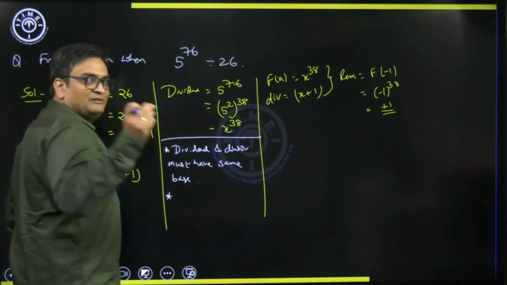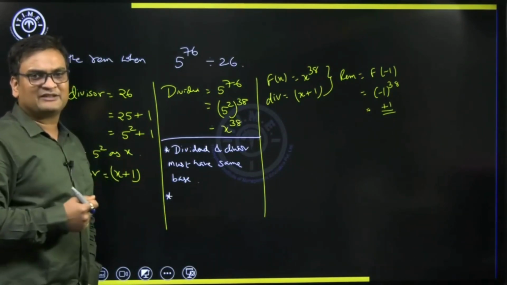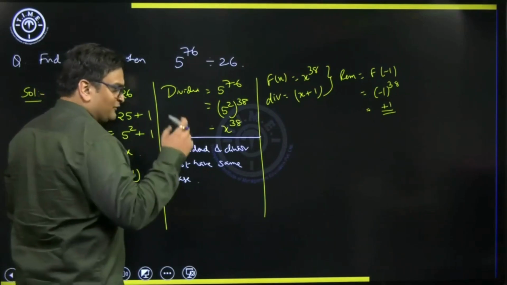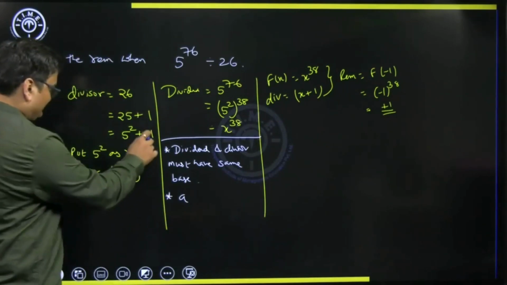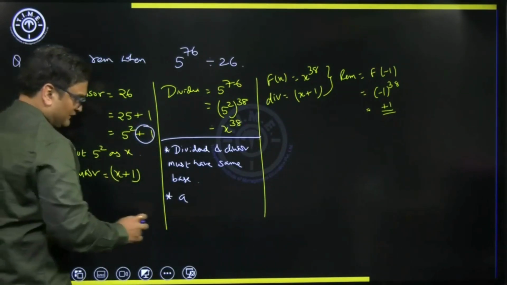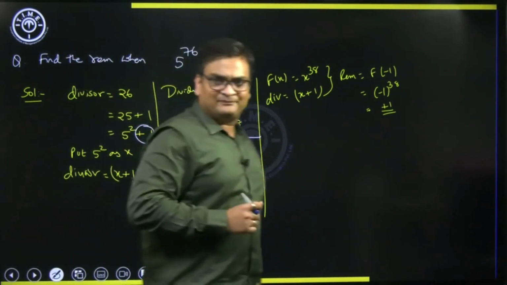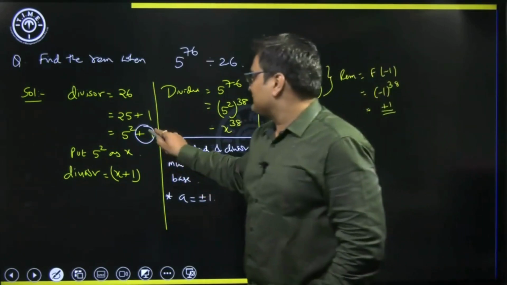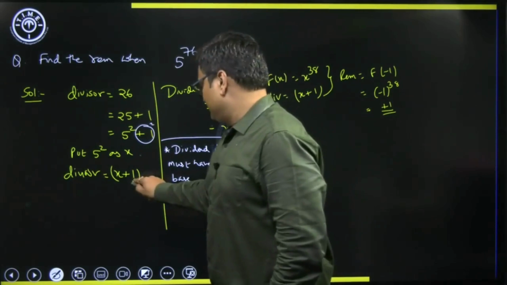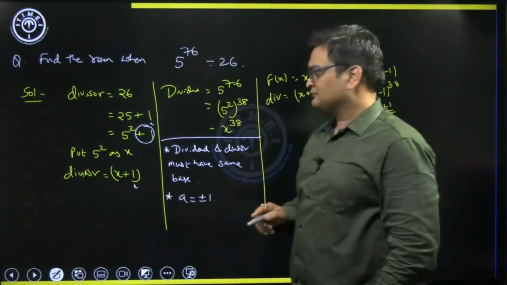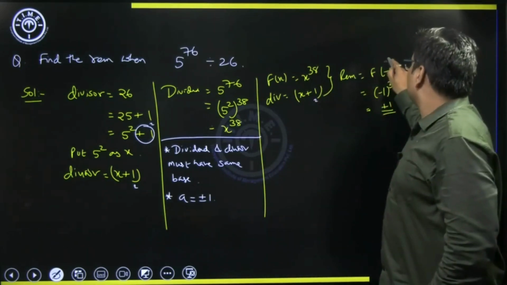Second point is, in majority of your problems on remainder calculation using remainder theorem, I would say 99% of your problems, the value of a that you are taking should be plus or minus 1 only. Think why. Imagine this, had this been 2 for time being, then my divisor will be x plus 2. So f of x is divided by x plus 2. So my remainder will be f of minus 2, correct?